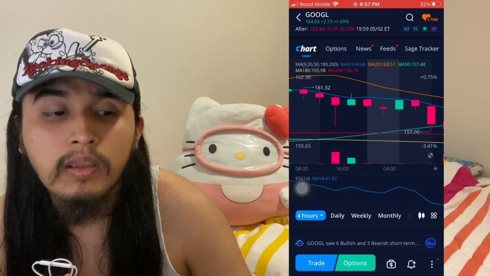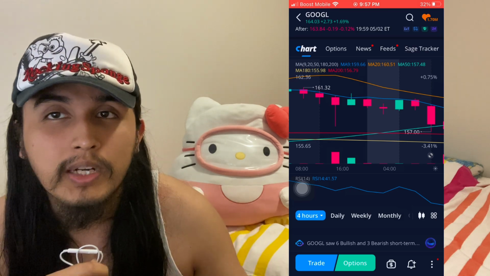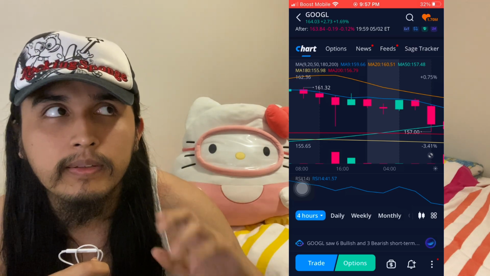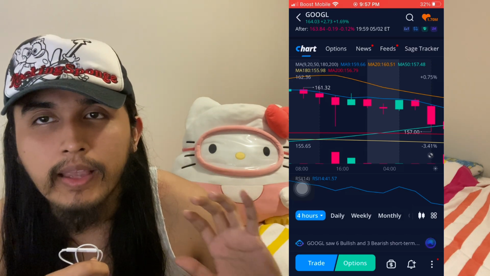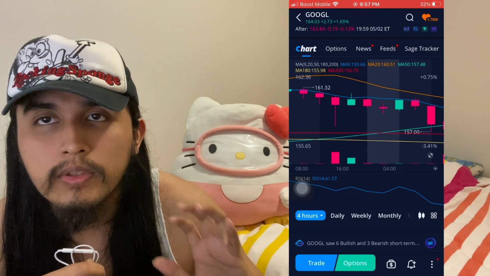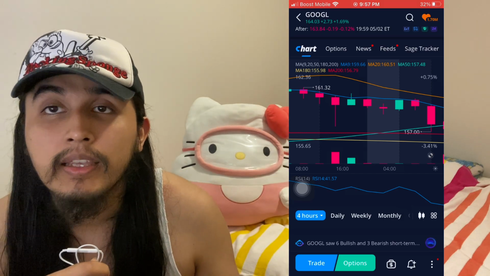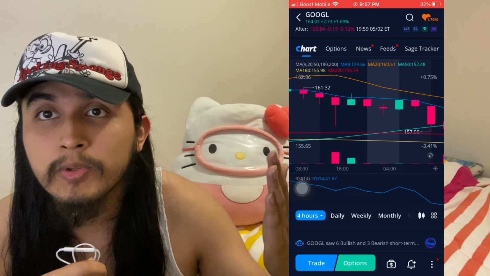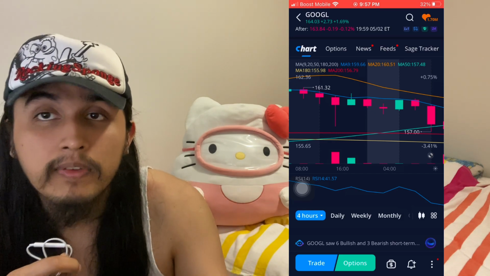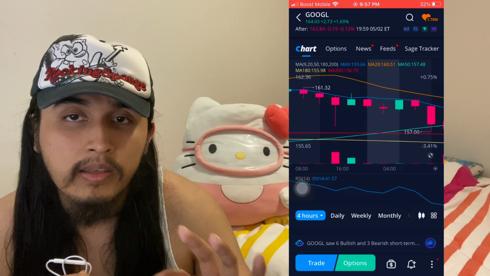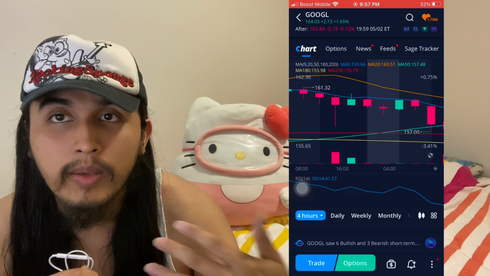Try to use the 30-minute time chart to pick your entry points, and use the 4-hour time chart to analyze where the stock is heading, whether it's in a downtrend or an uptrend. Then also use the moving averages, and when the market's about to open, look at pre-market levels.